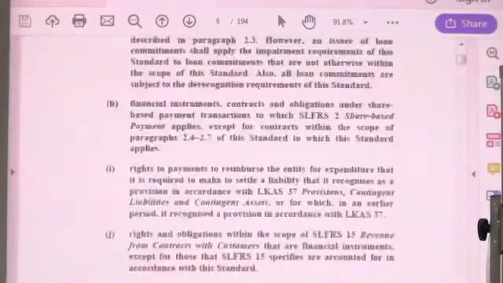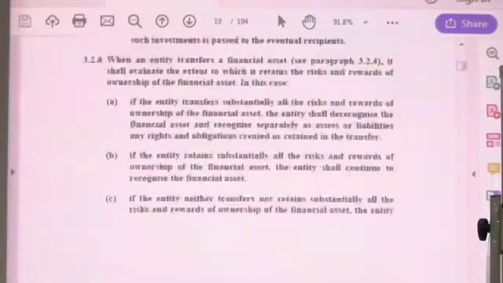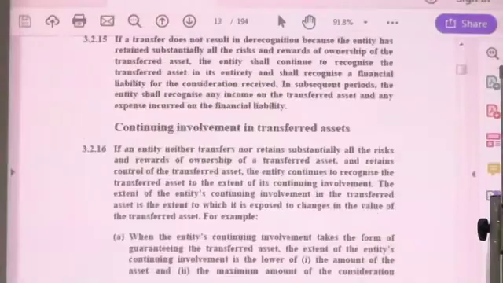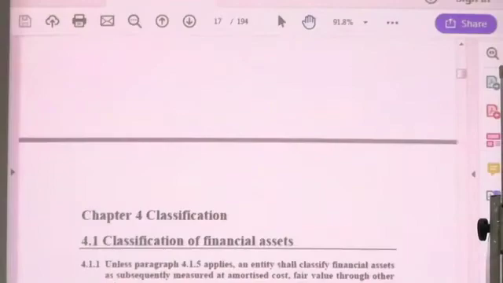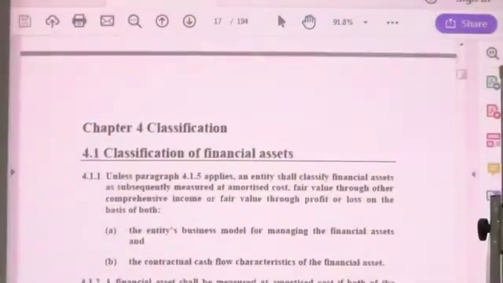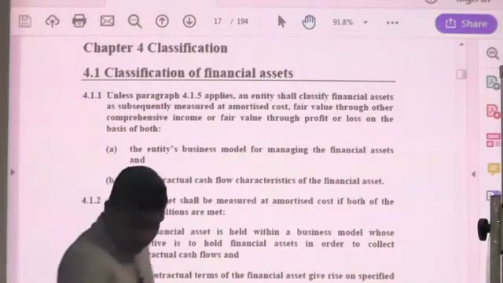Here, chapter 4, classification of financial asset of the IFRS 9, right. I will explain the classification. This is a huge story. You need to clearly understand how to classify financial asset. I will use the whiteboard to explain how to classify financial assets.